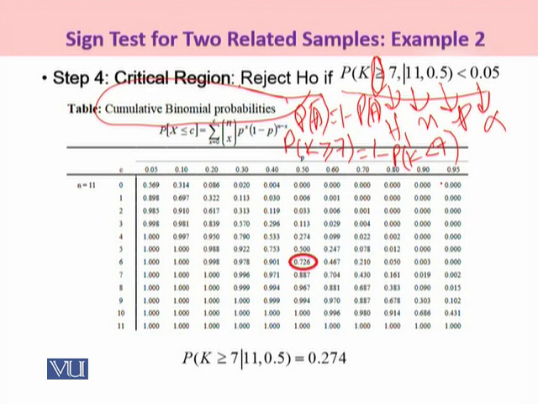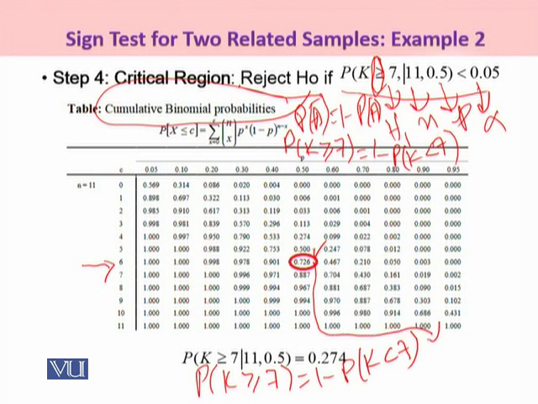This means we have to subtract from 1 all the probabilities less than 7 under the cumulative binomial table. Because this is a cumulative binomial table, you can see that against exactly 6 the cumulative probability is written as 0.726. So we have calculated the probability of k greater than or equal to 7 as 1 minus the probability of k less than 7, which is 0.726. When we subtract 0.726 from 1, the resultant probability is 0.274.